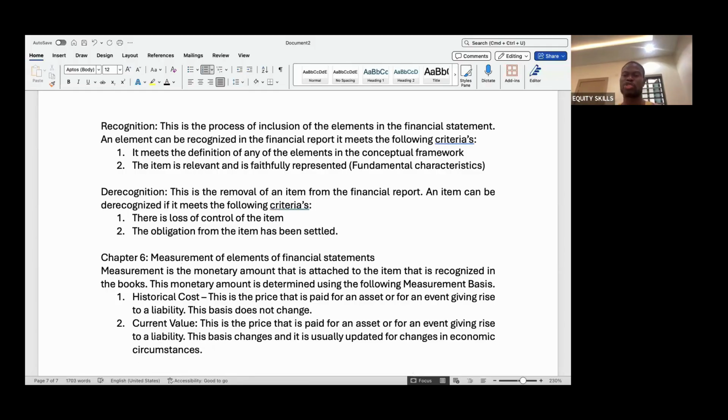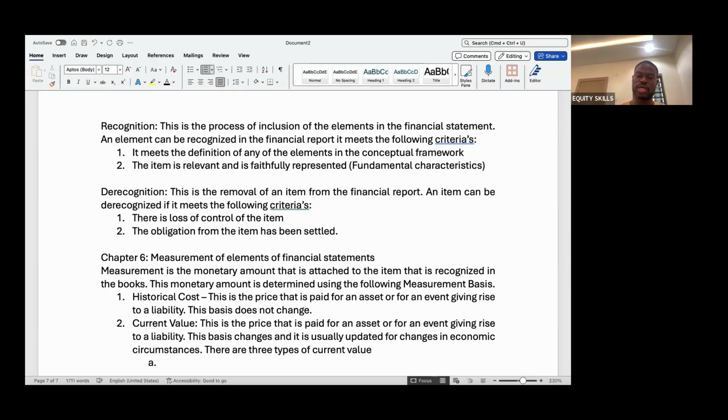So as the economic situation of a country is changing, current value is updated. Okay? And current value is divided into three types.